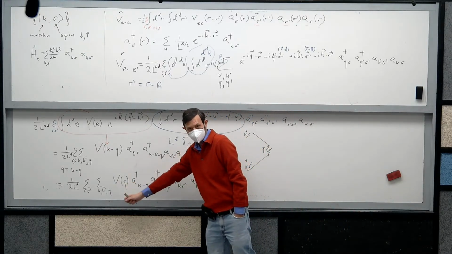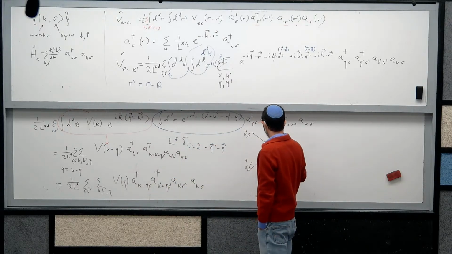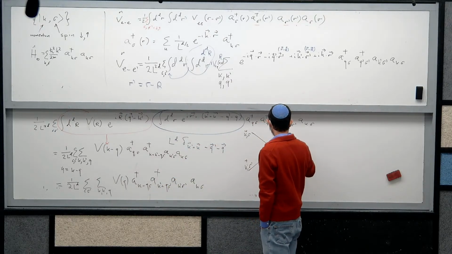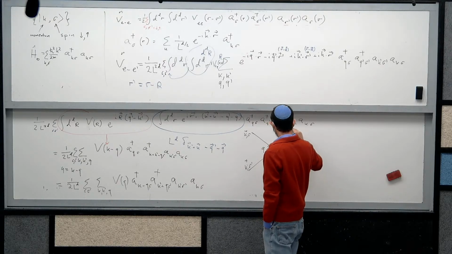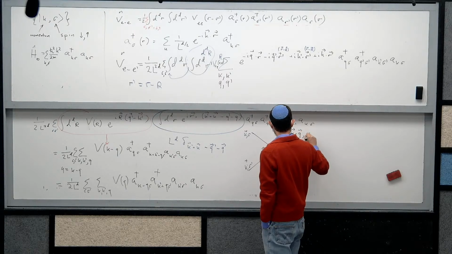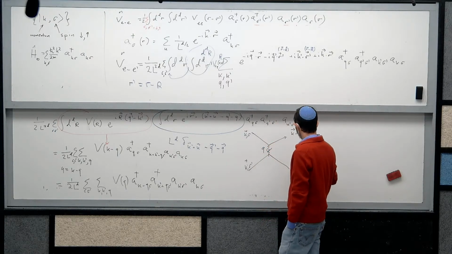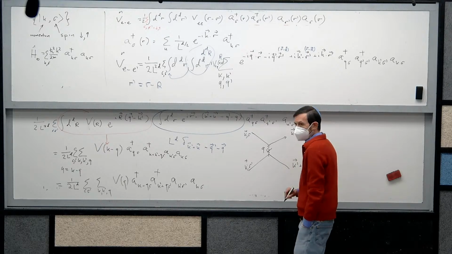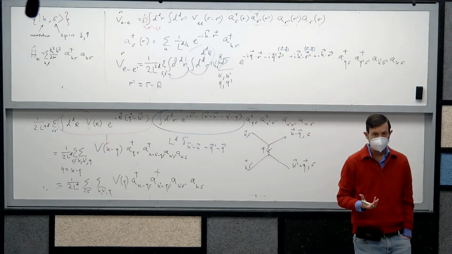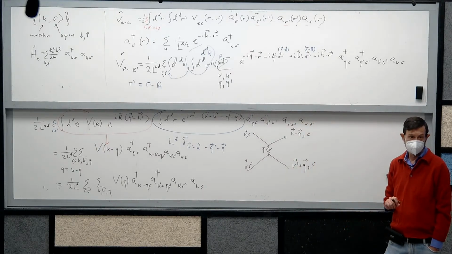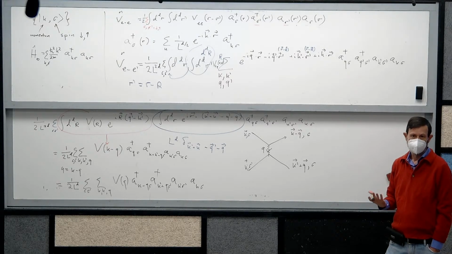This is a skew. And during the interactions, they exchanged a photon or momentum Q between them.